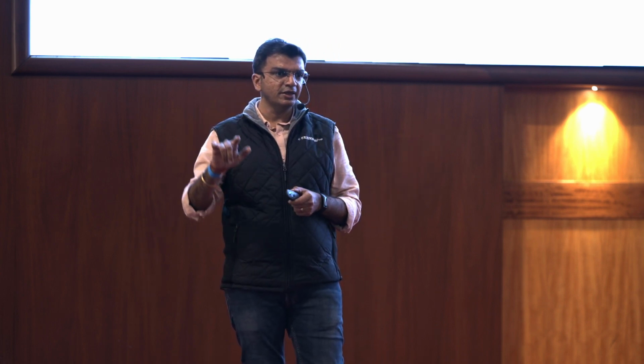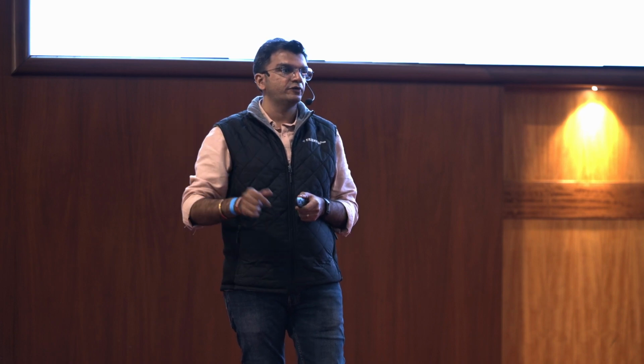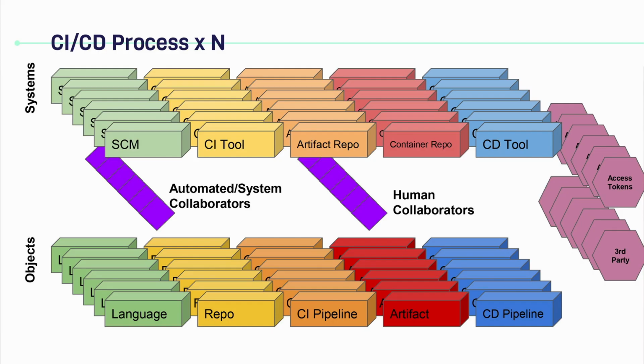And the glue to this entire thing is these two icons that you are seeing in between, okay? It can be automated collaborators or it can be human collaborators. And of course, there is something more, which is access tokens that you need or any third-party integrations that you need, all right? So this is, in a nutshell, the entire CI/CD process.